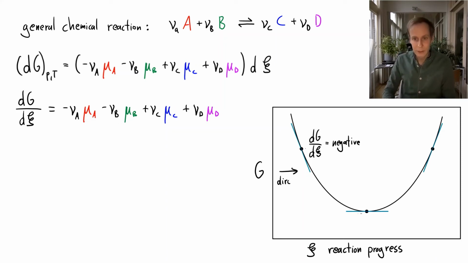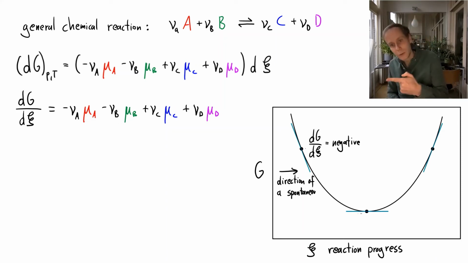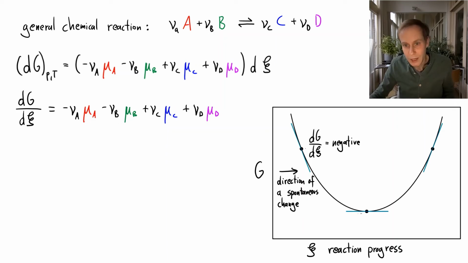That means we're going in the right direction towards a spontaneous change for the reaction, right? If the reaction progress parameter is located here, then we are at a position where there can still be more reaction proceeding so that we move towards a lower free energy.